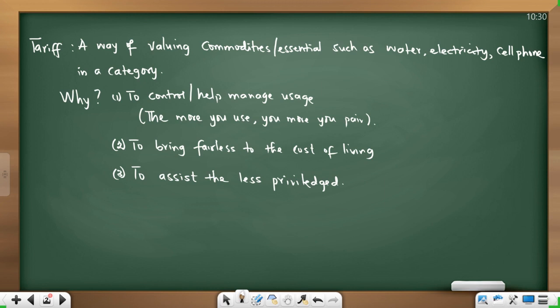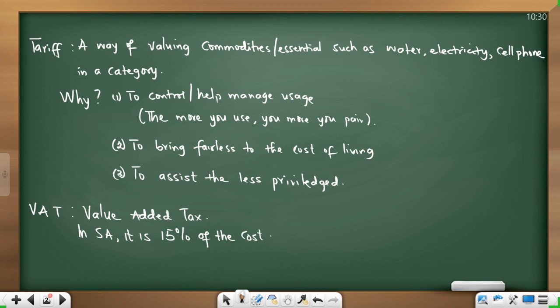Okay, now let's quickly talk about VAT. Very important. Value added tax in South Africa is 15% of the cost.